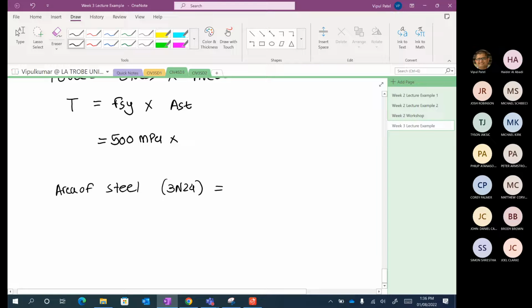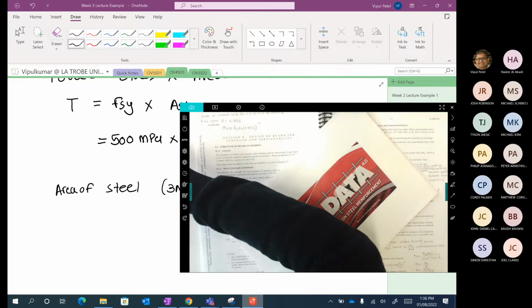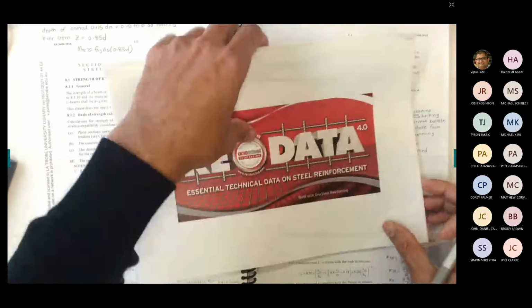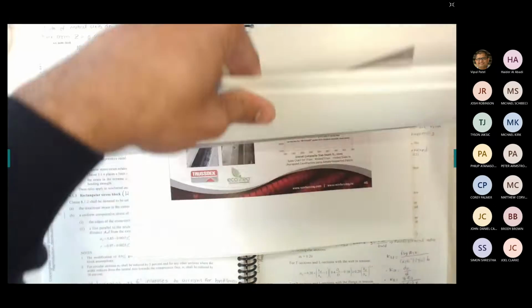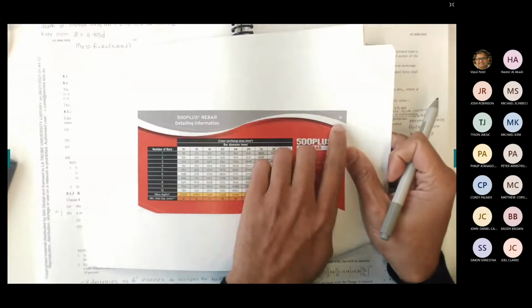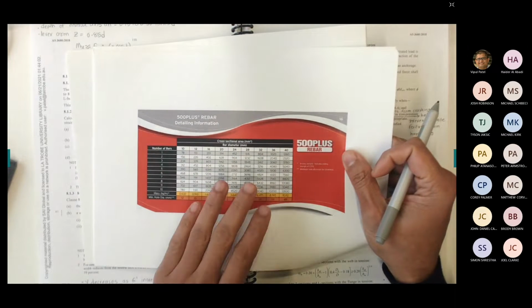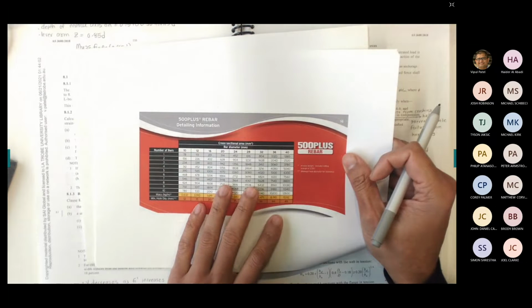Let me grab the Rio data tables somewhere. Yep, here you go. In these Rio data tables, if you go to page number 16, again, if you can't read it, I encourage you to open your own Rio data tables.